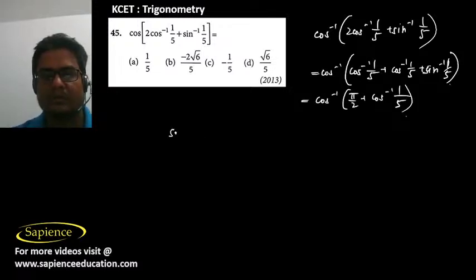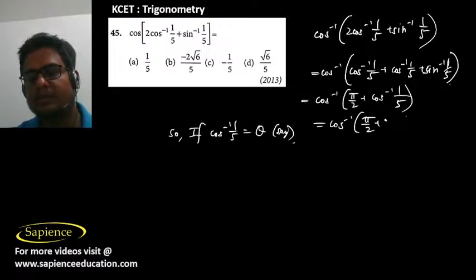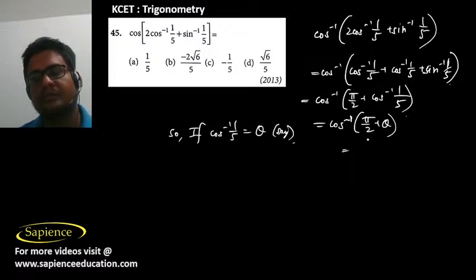Now if you take cos inverse 1 by 5, that is equal to theta, suppose. So then this is equal to cos inverse of pi by 2 plus theta. So pi by 2 plus theta is in the second quadrant.